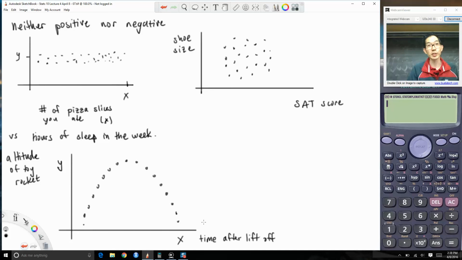It could look something like that. All right? And so these would be neither positive nor negative. However, it is important to note that if we were to stop recording data right here, based on this data, the overall trend is a positive relationship. Okay? So if we stopped recording the data here, there's an overall positive relationship.